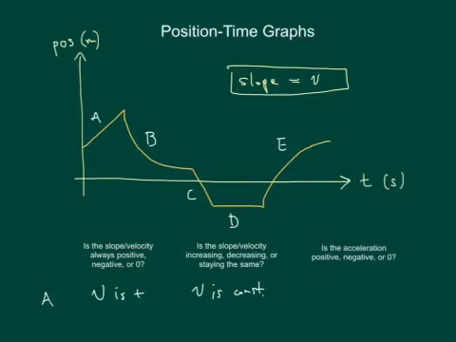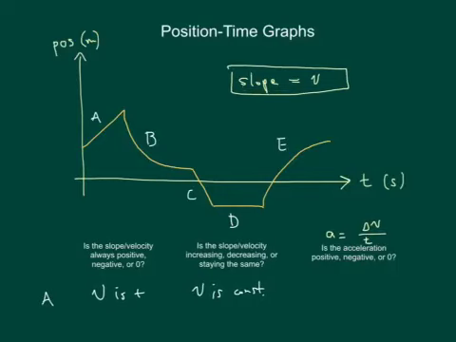The next thing, is the acceleration positive, negative, or zero? Acceleration measures how much the slope changes and how quickly. In fact, the equation for acceleration says so. Acceleration is defined as change in velocity over time, or we may write delta t depending on what class we're in.